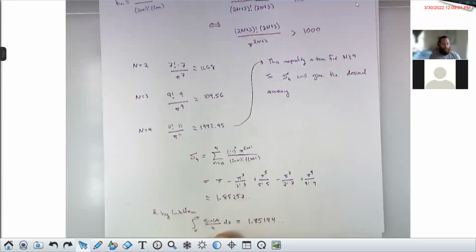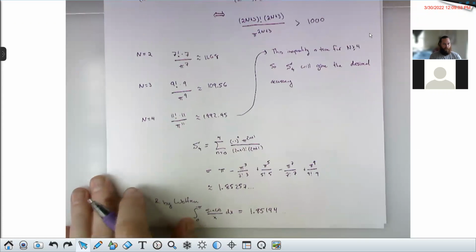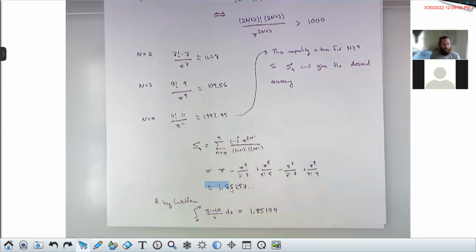So the thing we found compared to the actual value, 1.852, 1.851, you see we're off by only 1 digit in the thousands place. And because this is a 9 and this is a 5, we're actually off by less than 0.001. But that's the idea.